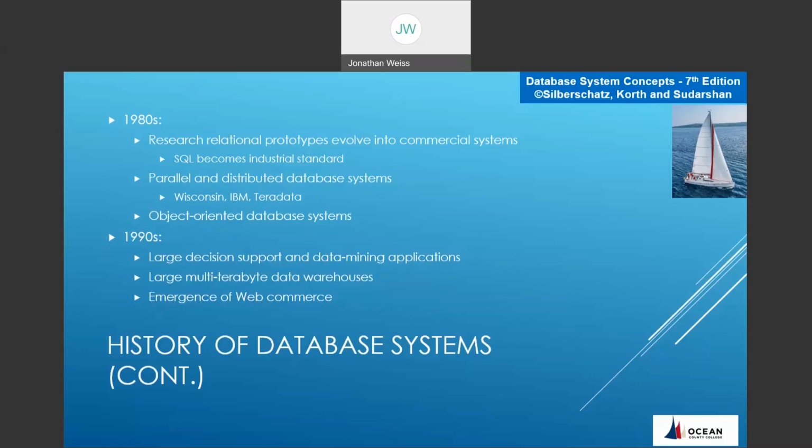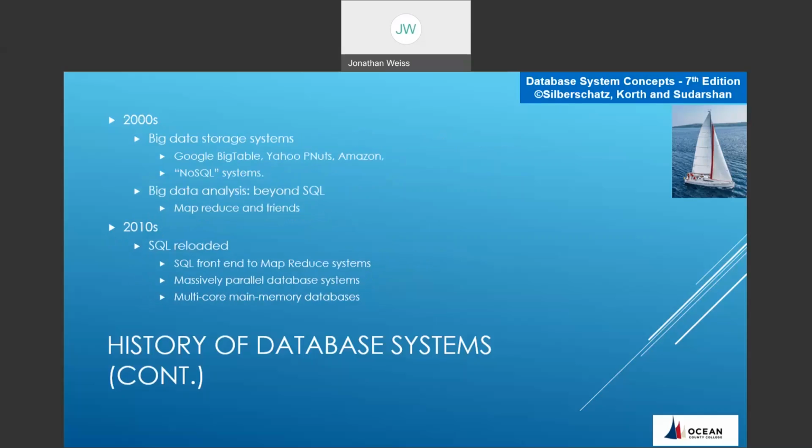So not only will these databases store the data, but they'll store the ways that you'll interact with the data. Special ways for special types of data. So that's what's coming. That's the future of database management systems.